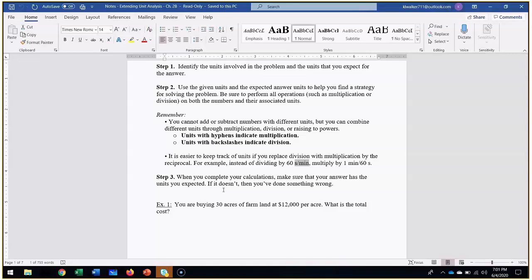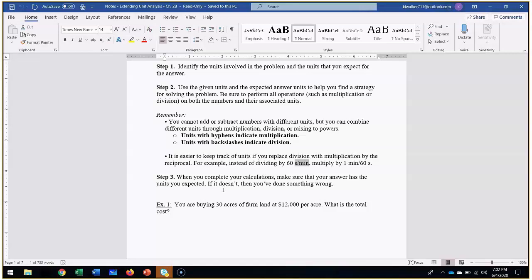Oftentimes you're going to be presented with a problem, especially when you're working with medications and things like that. You're going to be given all of this information, and you need to sort through it, and oftentimes you don't need most of it. You might only need one or two pieces of it to answer the question that you're being asked. So make sure you are doing just that and not going too far or answering a different question.